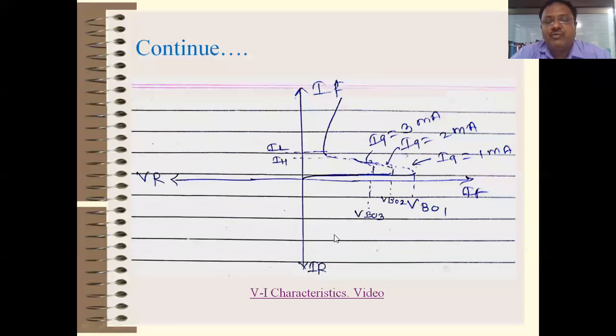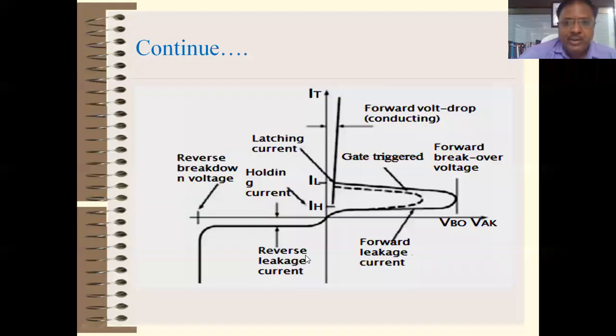This VI characteristics, I'll show you this one. It has some regions. First, just see the first quadrant. In the first quadrant, as you increase VAK, the voltage across anode to cathode, the voltage increases, but the current is very small.